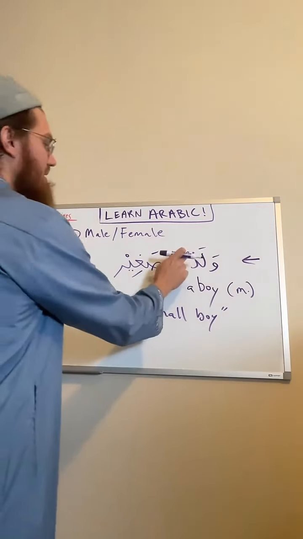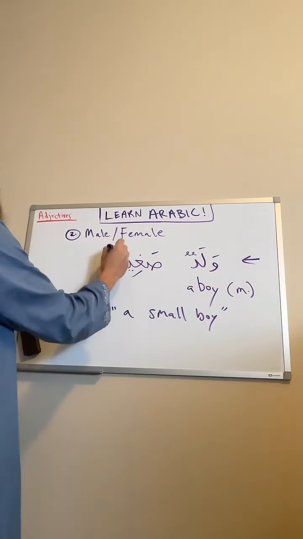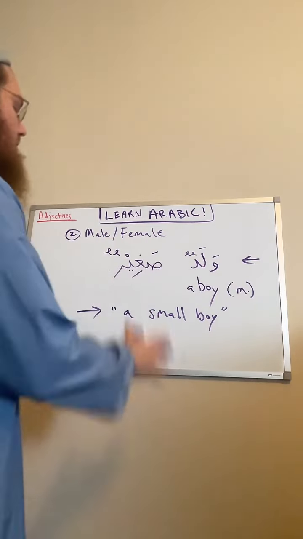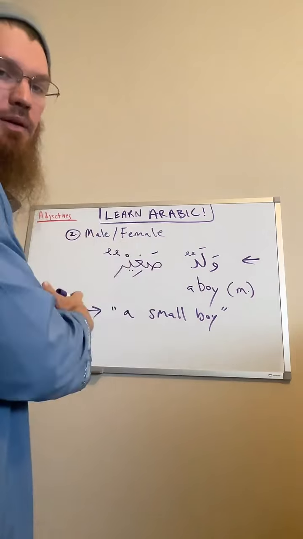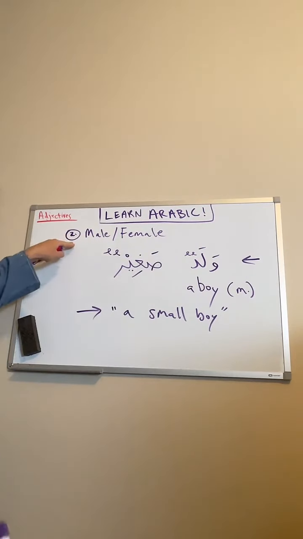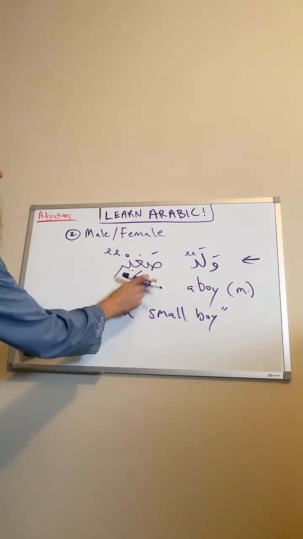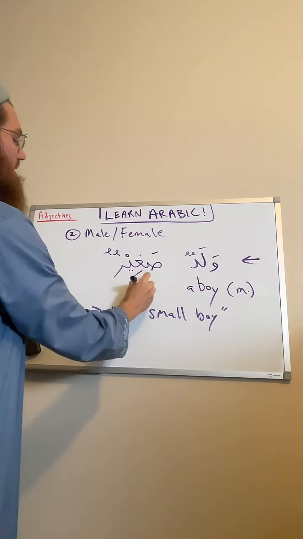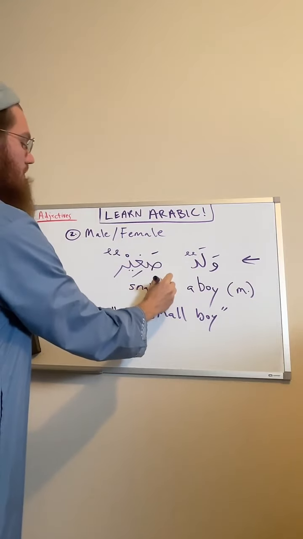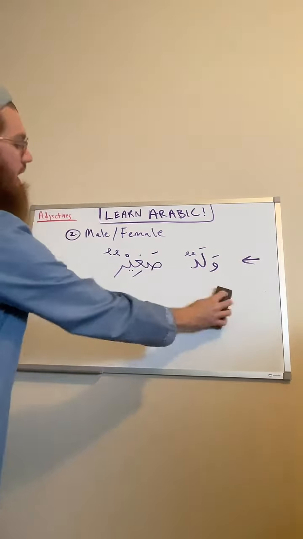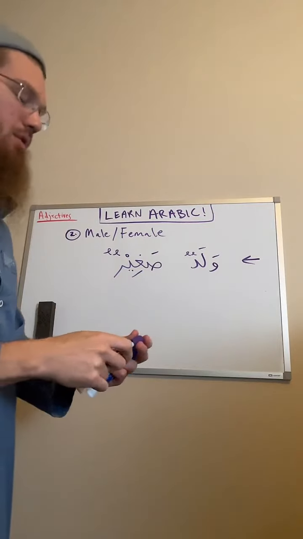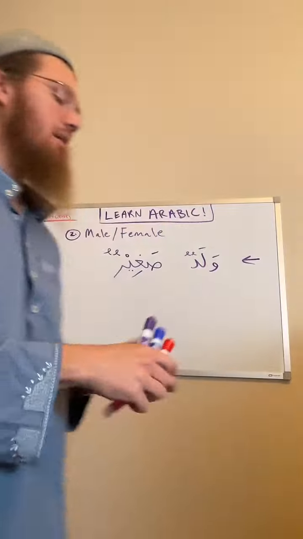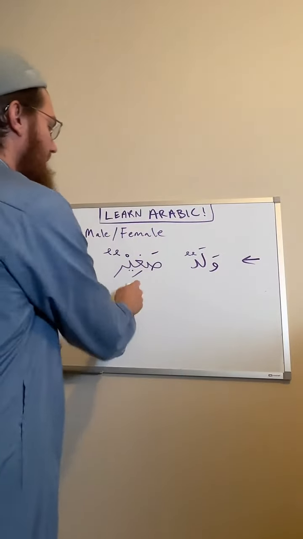We already mentioned that this is indefinite. It has tanween dhamma, so we're going to write two dhammas. Waladun saghirun. So that was the previous rule that we learned. But in this part of the lesson, we're emphasizing the fact that saghir is the masculine form of small. An easy way to understand that is when I compare it to the feminine. Once you see the feminine form, it'll become very apparent how this is masculine.